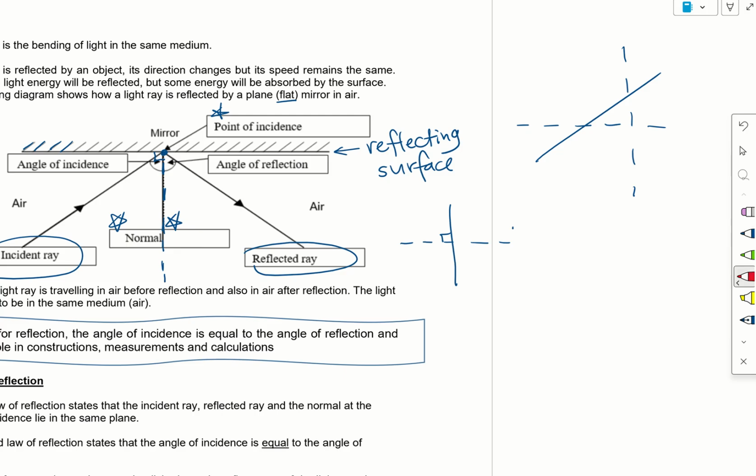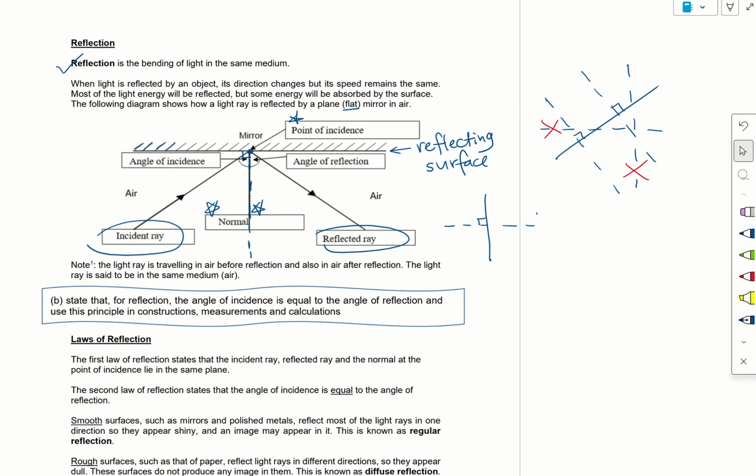So these two are actually incorrect, because they are not perpendicular to the surface. So I can draw my normal like this to show that it's perpendicular. I can draw another one like this, and I must draw it at the point of incidence.